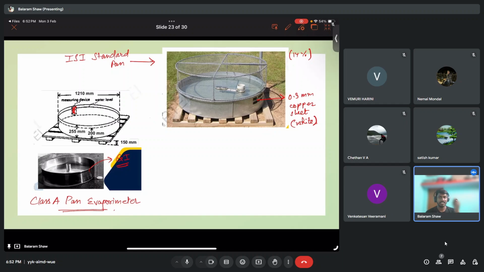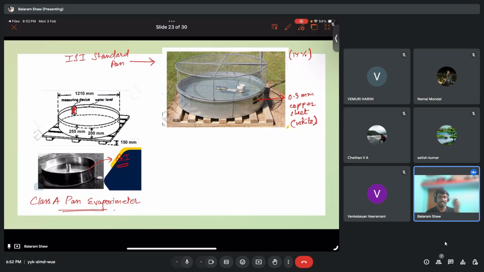Okay, and again where to use which evaporimeter will depend on the location and other factors. And here at the end you can also see a stilling well. This stilling well will measure the level. Other than that we have USGS floating pan and so on. Okay, so these are evaporimeters. I hope the measurement is clear now, how we are using it.